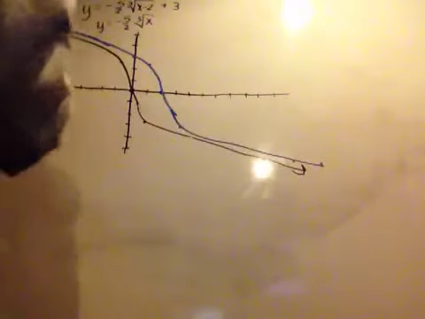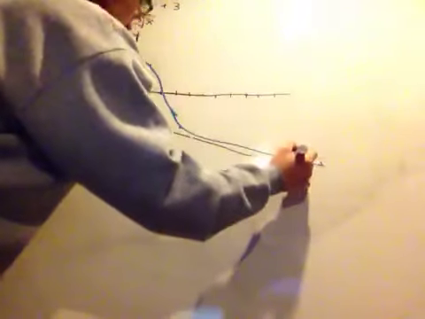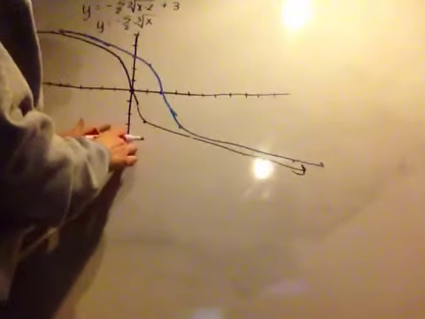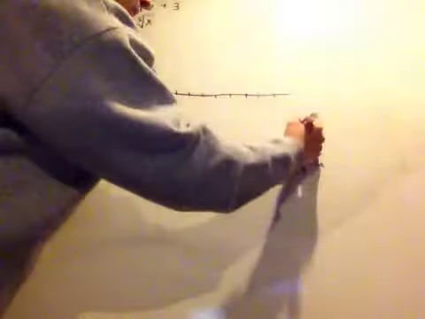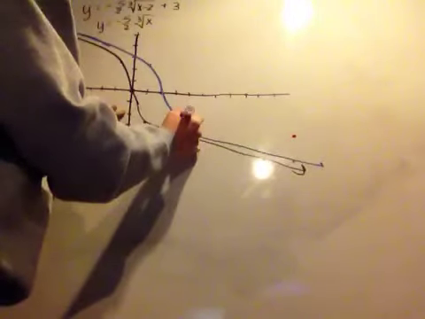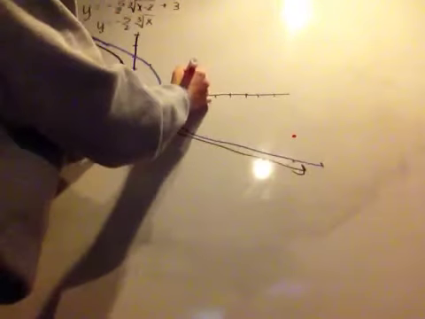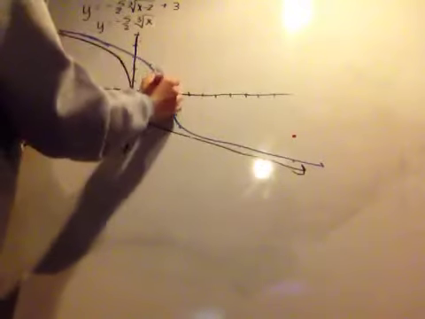And then we're going to take each of these and move them up 3 units. This one is going to be up 3, 1, 2, 3. This is going to be up 3.